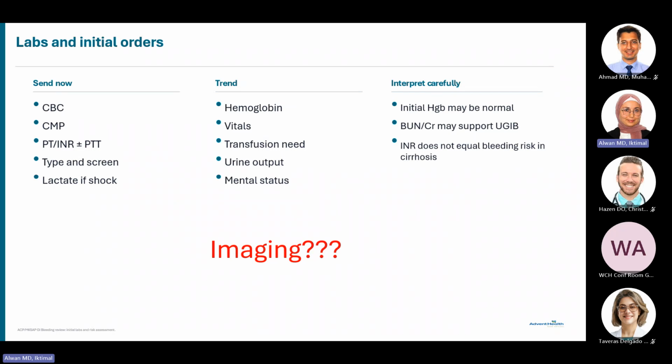If we don't have a source, let's say the patient had an EGD and we really don't have a source, or the patient has another indication like acute abdomen, and anyway you need a CT. Otherwise you don't need imaging for upper GI bleeding unless we really don't know what's going on or we have another indication for CT. You're going to see it a lot in the ED. Everyone with bleeding and abdominal pain is going to get a CT scan, but it's not the standard of care. EGD really is the way to diagnose and treat at the same time, right?